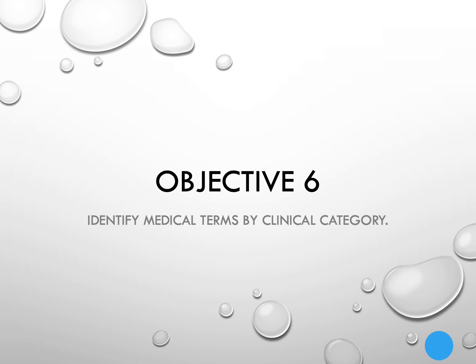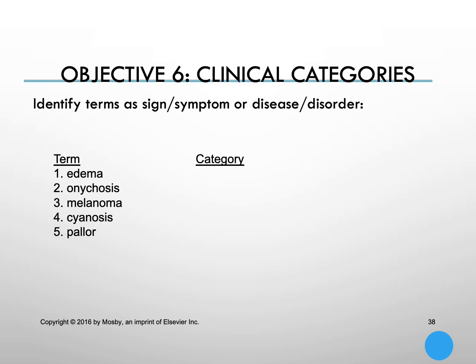All right, moving on. Identifying some medical terms by clinical category. So here we have some terms and we're going to match them up by category. Is it a term that's a sign or symptom, or is it a disease disorder? Okay, so here we have edema.